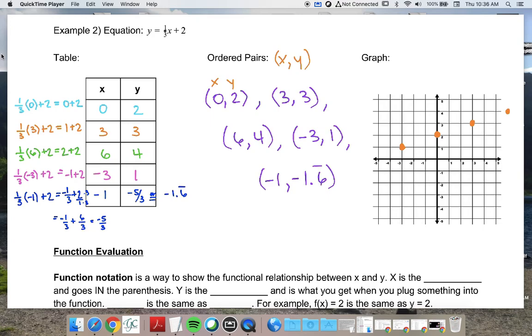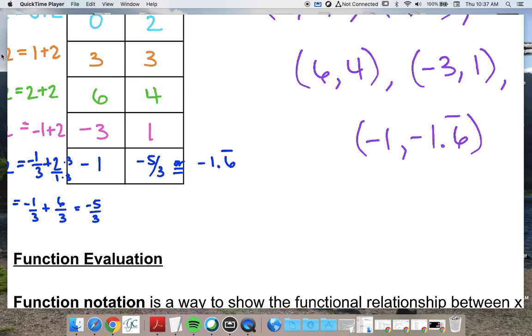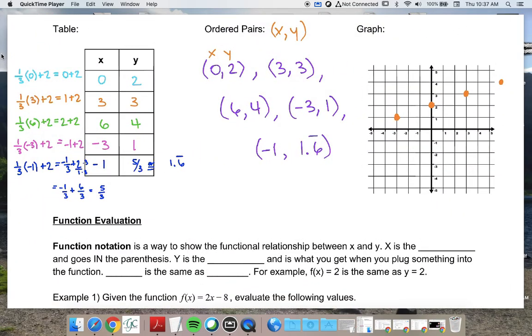Oh, that was a positive. I wrote that incorrectly. My fault. Sorry if that was confusing, where that negative came from. I can understand why. Let's make that smaller. That all should have been a positive 5/3, or a positive 1.6 repeating.